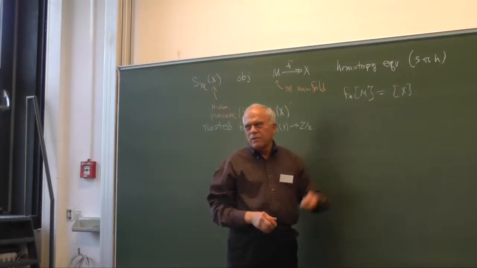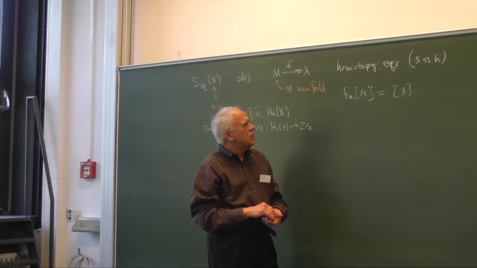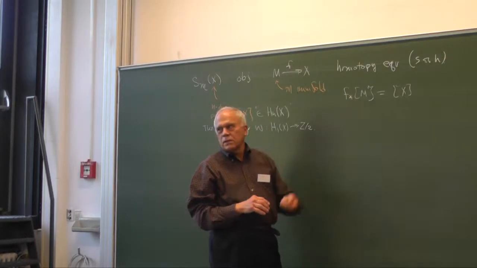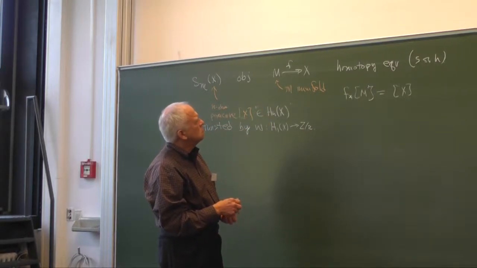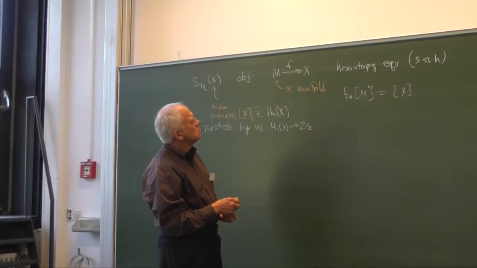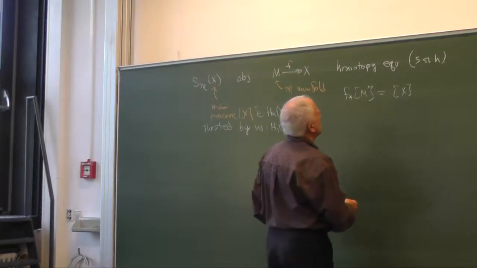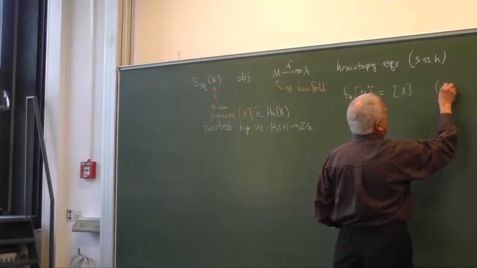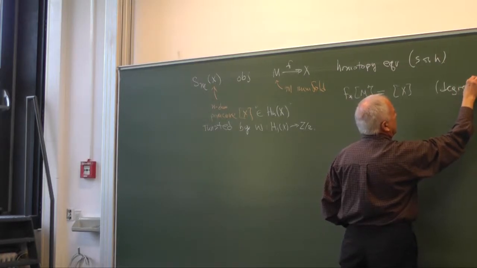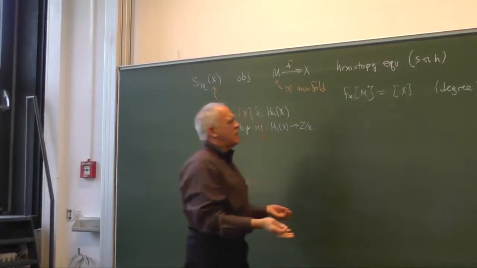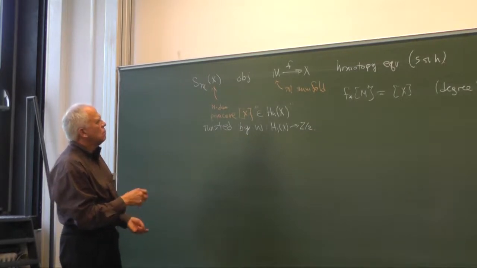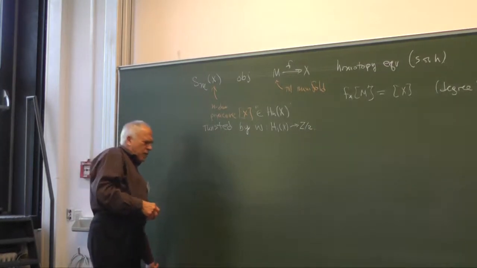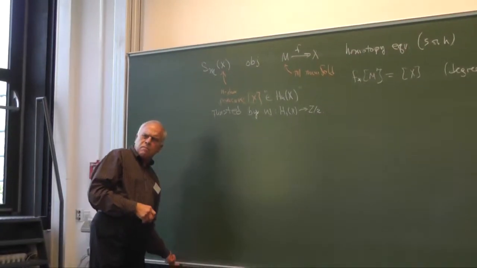Here, it's sort of not necessary because there are only basically two choices, so they're determined. So this is degree 1. The other possibility is degree minus 1.